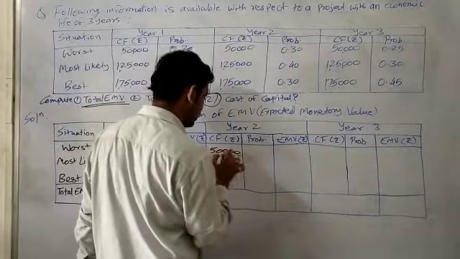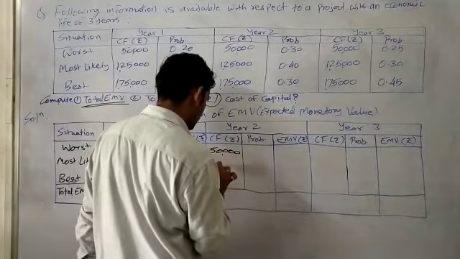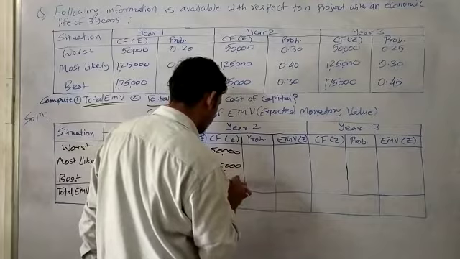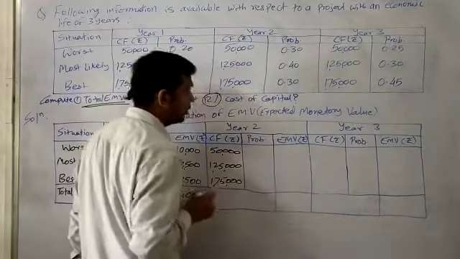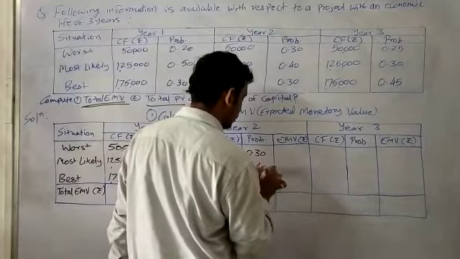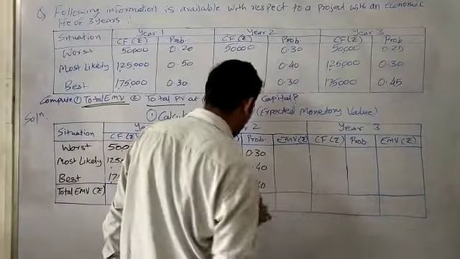We know it, 50,000 for worst, 1,25,000 most likely and 1,75,000 in the best situation. What are our probabilities? 0.30, 0.40 and again 0.30.